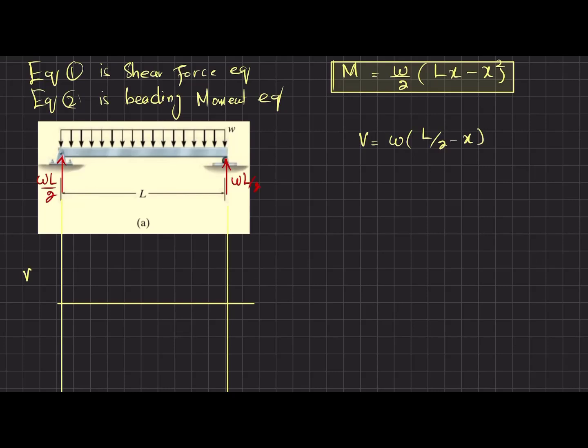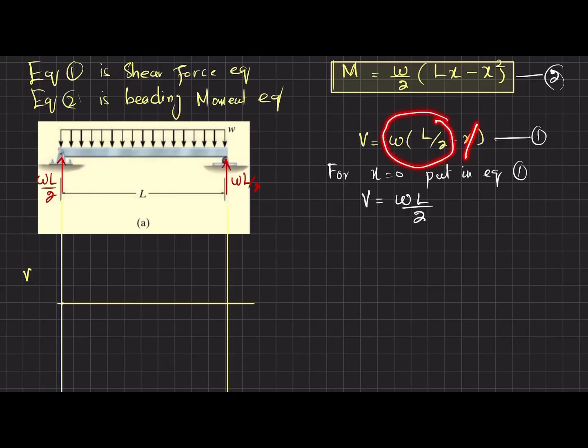So for x is equal to 0, put in equation 1, we will get V is equal to WL over 2.